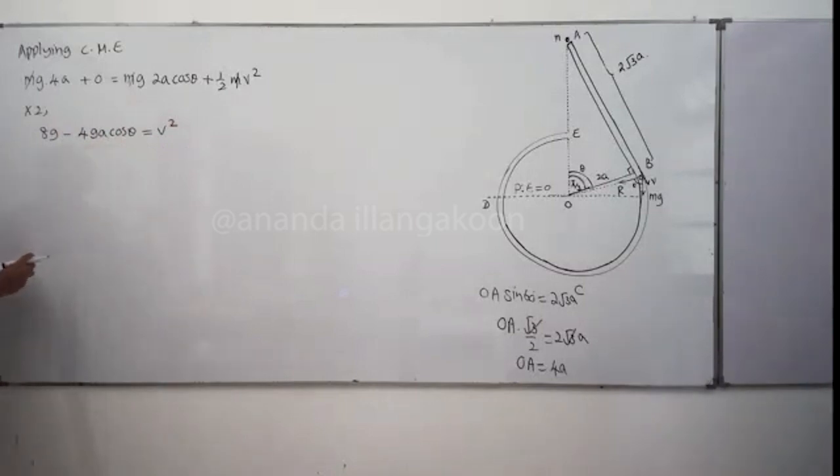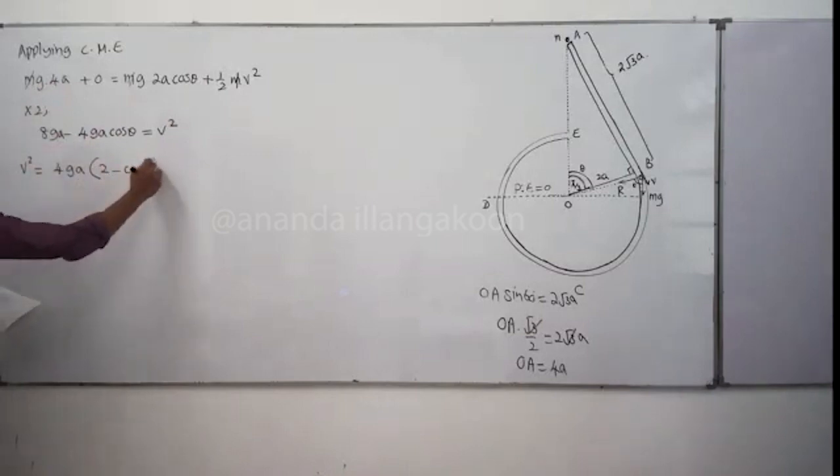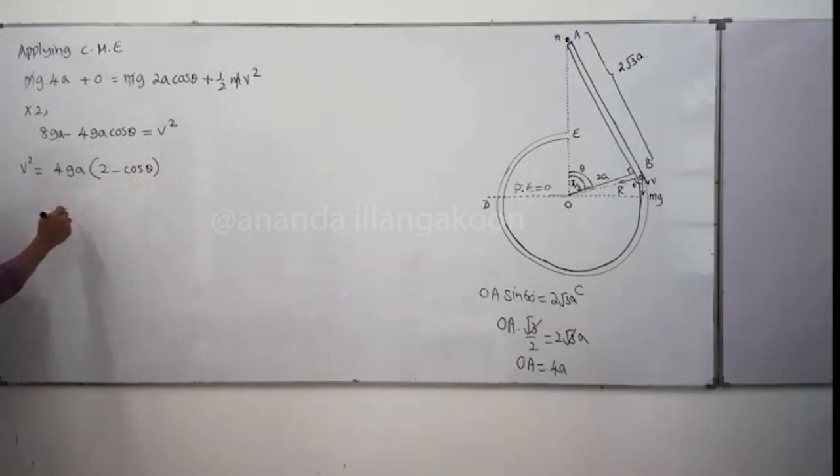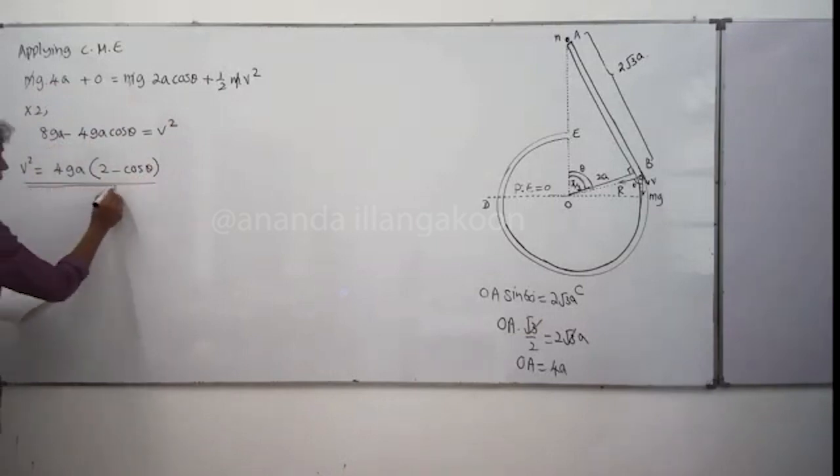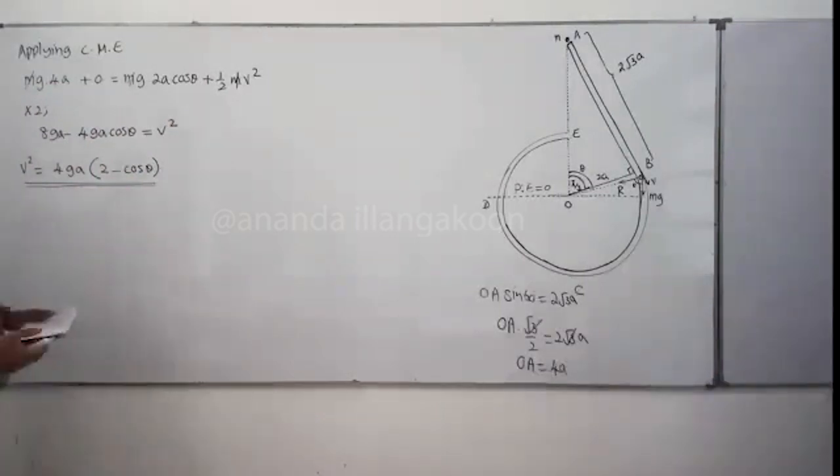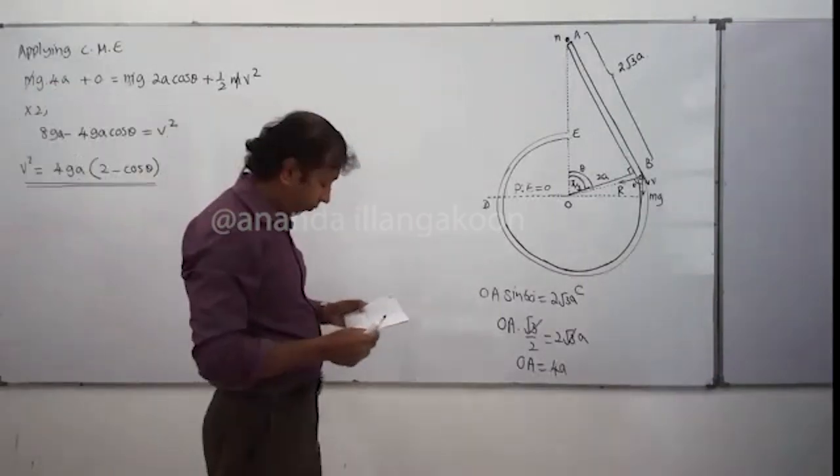Then here we have the A, we can take 4gA out. After taking 4g out, here 2 minus cos theta. Right? This is the velocity.